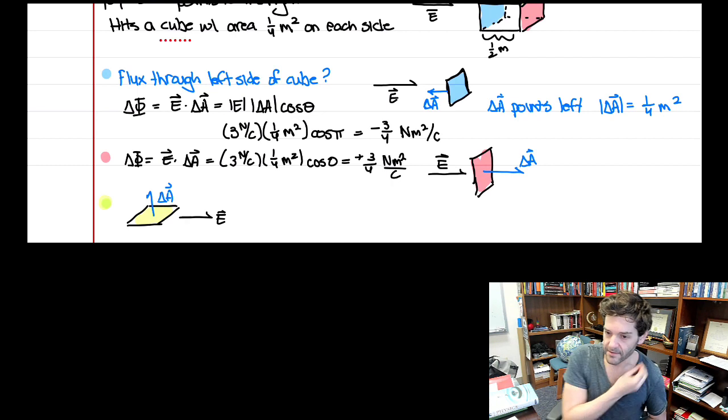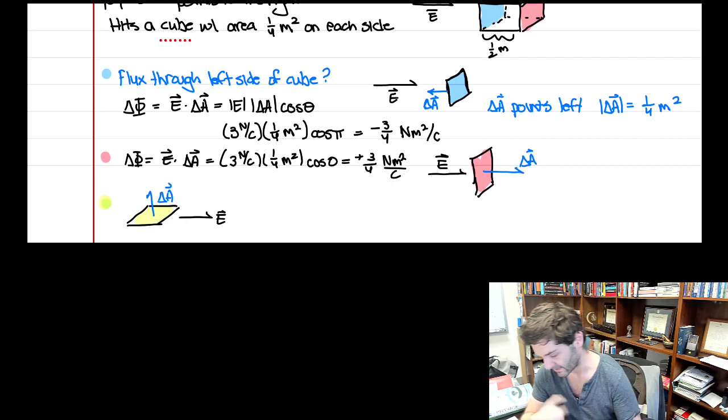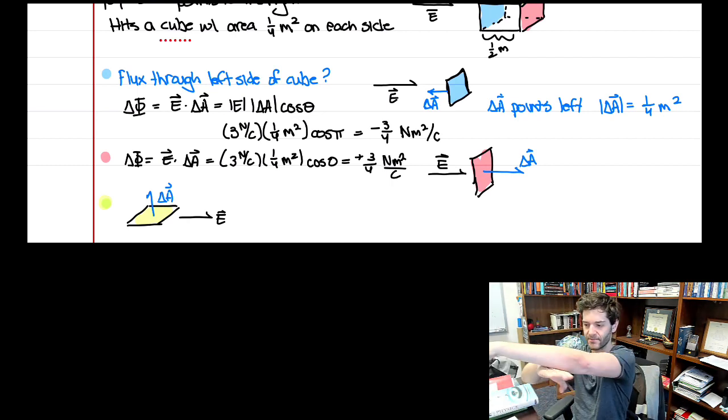Those two are perpendicular to one another. There is no part of the electric field that's going through that surface. It's always grazing the surface.